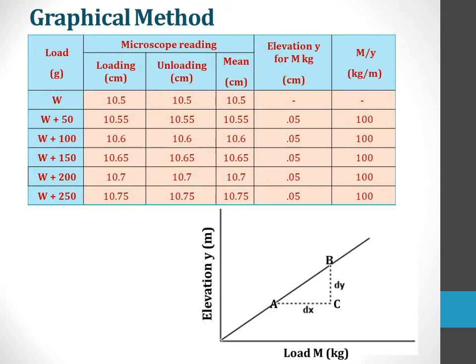A positively sloped line is obtained and the slope of which on substitution in the formula for the Young's modulus gives us the Young's modulus of the material of the beam which was subjected to uniform bending.